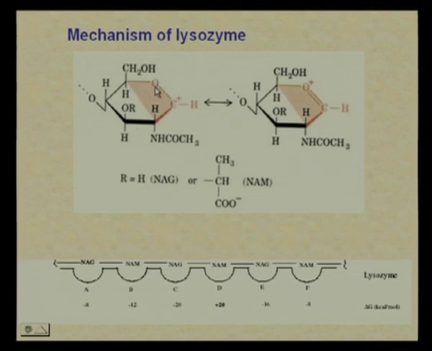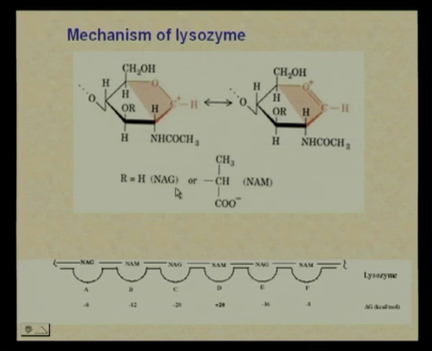Now, what we have here is an R group. When this R group is hydrogen, it is called NAG, N-acetyl glucosamine. When this R group is this moiety, it is called N-acetyl muramate.